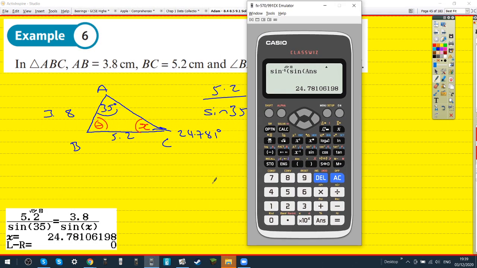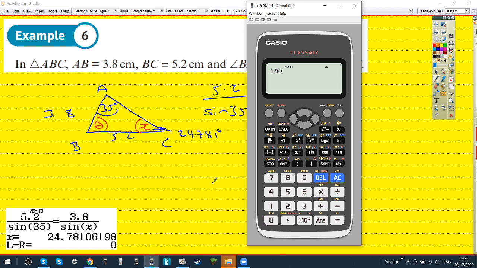I suppose you would get away with it if it was 1 decimal place. Okay. You can always use the answer button, you know. Yeah. Well, the 35 plus the answer is 59.781 degrees. Okay.